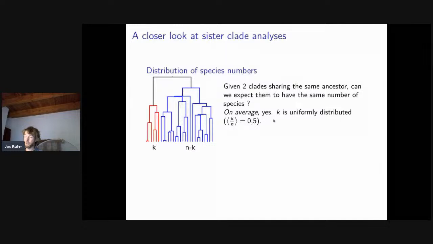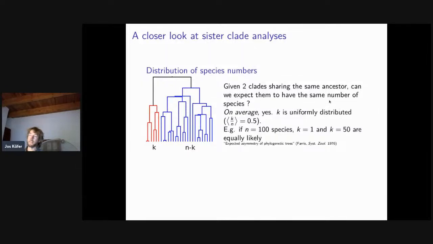Actually, K is uniformly distributed, which has the intriguing consequence that if you take two clades with in total 100 species, having one species in one clade and 99 in the other is equally likely as having 50 species in one clade and 50 in the other.